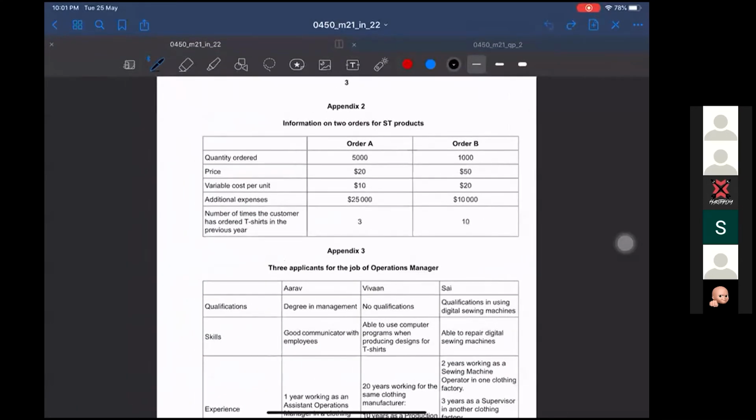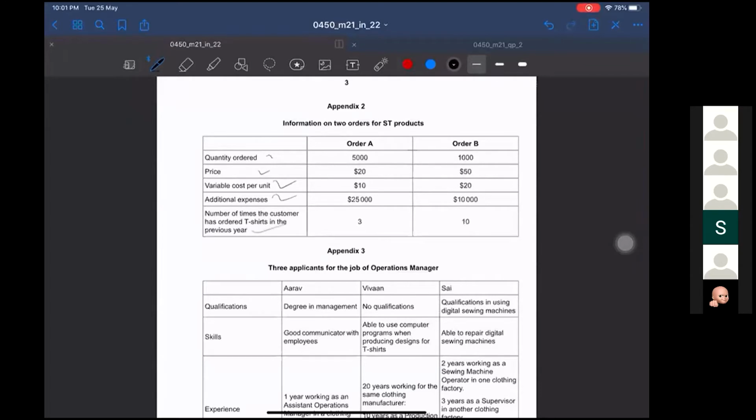Actually, when looking at Appendix 2, here we have 2 orders, order A, order B. Now, when we look at the orders, they give you the quantity ordered, the price, the variable cost per unit, additional expenses, and also the number of times the customer has ordered t-shirts in the previous year.